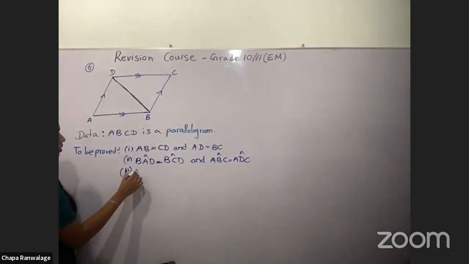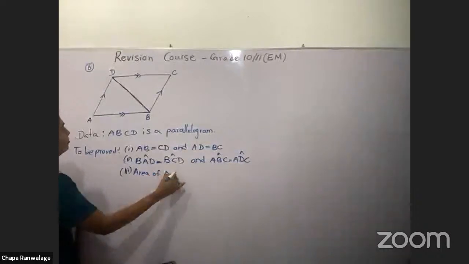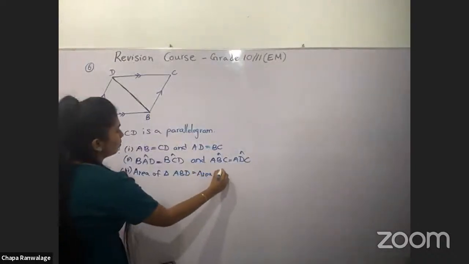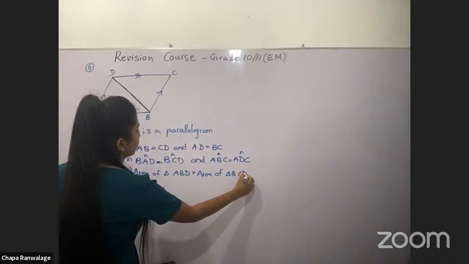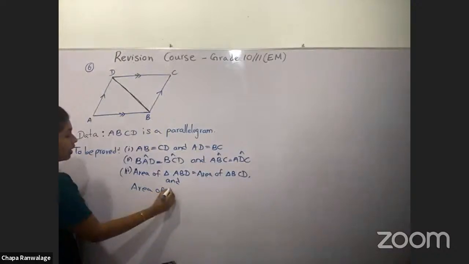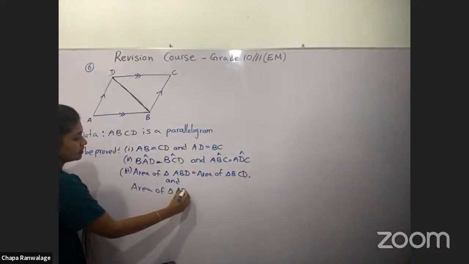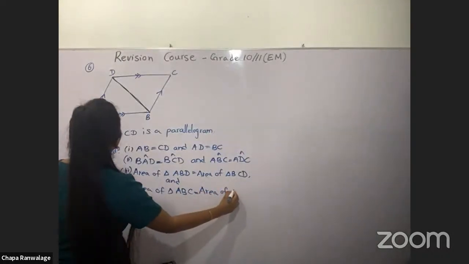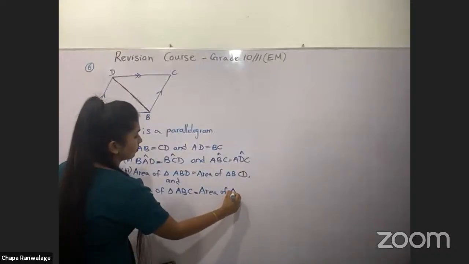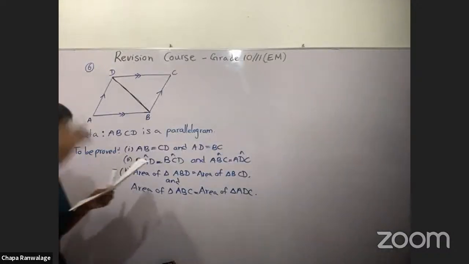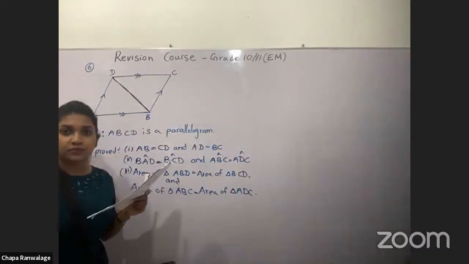So area of triangle ABD is equal to area of triangle BCD, and area of triangle ABC is equal to area of triangle ADC. Correct? So how can we prove?